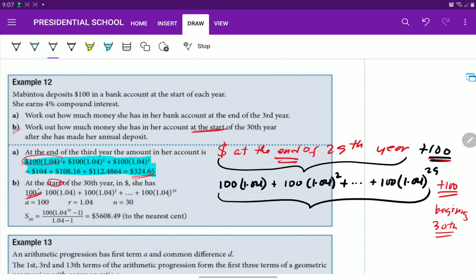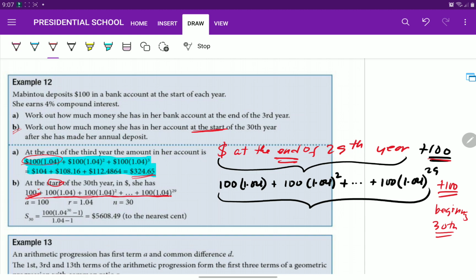The question is, how much is her money? As you can see from here, this is the 100 that she deposited at the start of the 30th year, and this is the money that she has in the bank at the end of the 29th year.